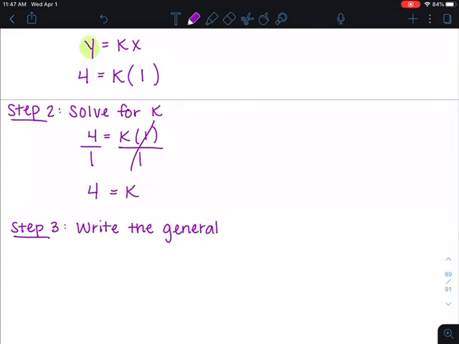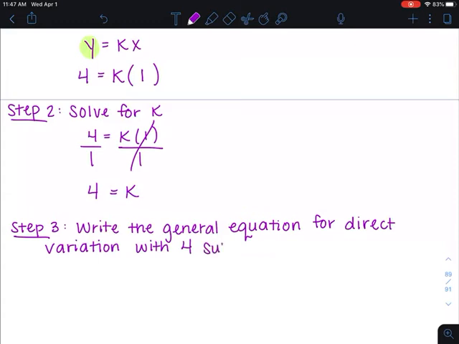Write the general equation for direct variation with 4 substituted for k.